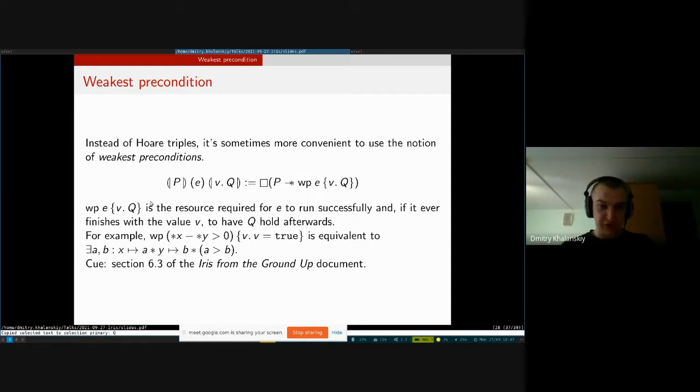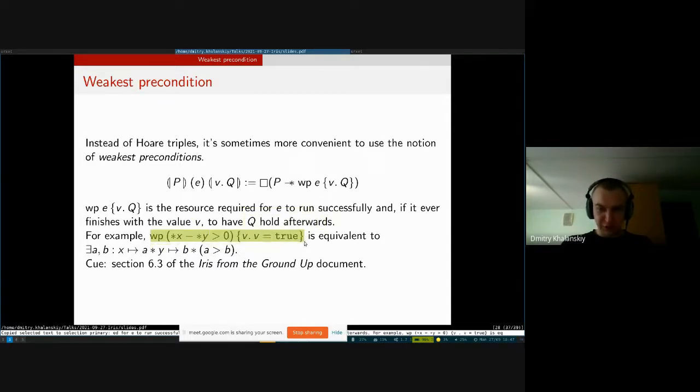The weakest precondition is the resource required for the program to run successfully, as opposed to hang in the bad sense. That is, exhibit some undefined behavior, and infinite loops are fine. And if it ever finishes with the value V, to have Q hold afterwards.